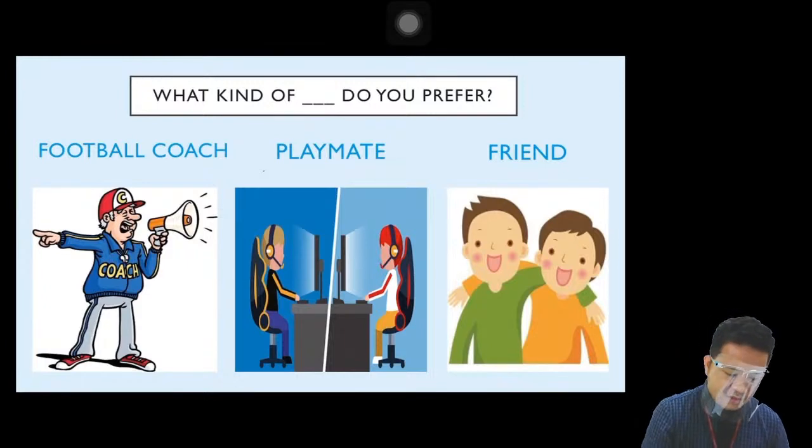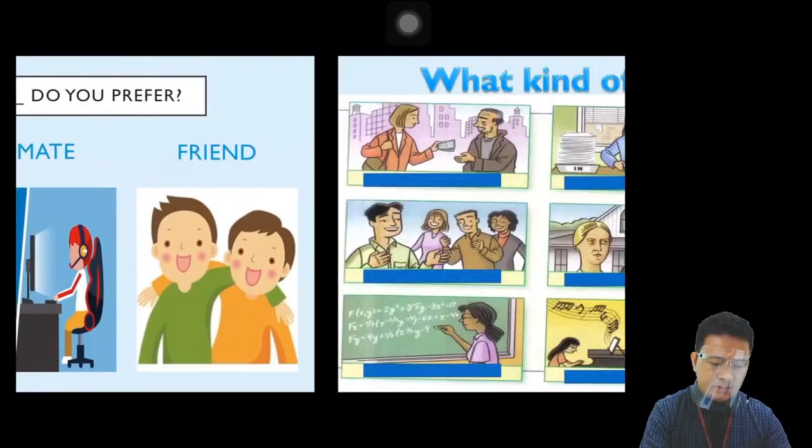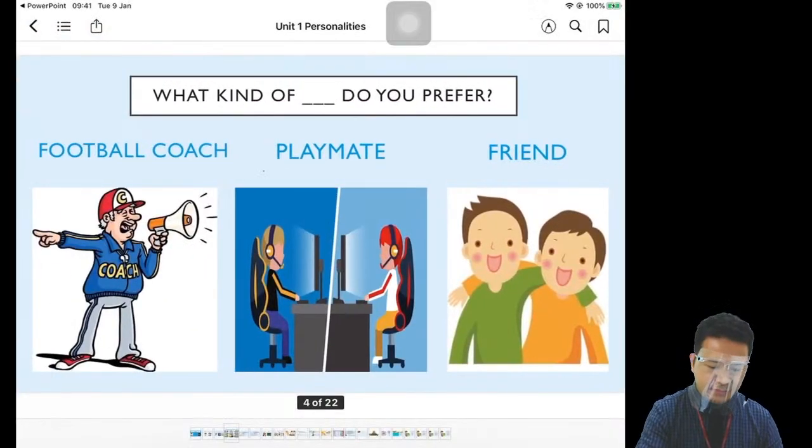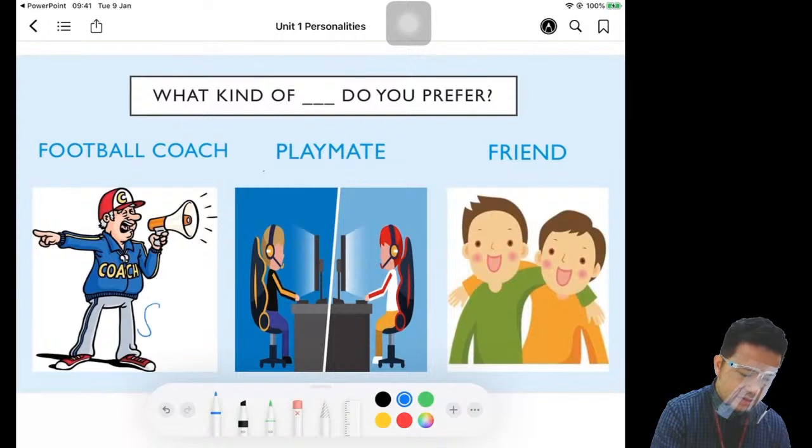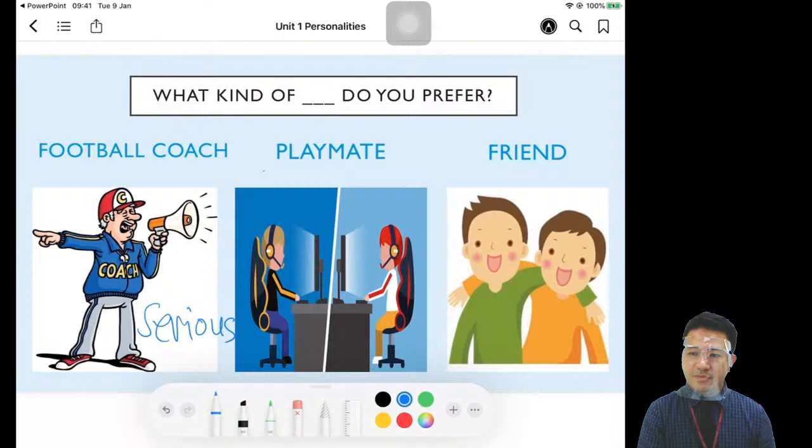So let's have this kind of sentence structure. For example, the coach here is serious. You have here the adjective serious.